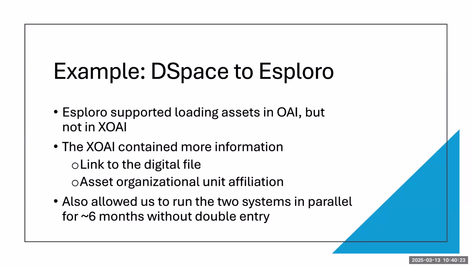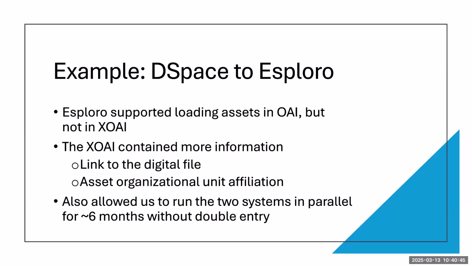So in this case, I needed to use something that was not a straight OAI Dublin Core import, but instead I had to go get the information myself, normalize it in some way, and then make it useful for our Esploro instance.